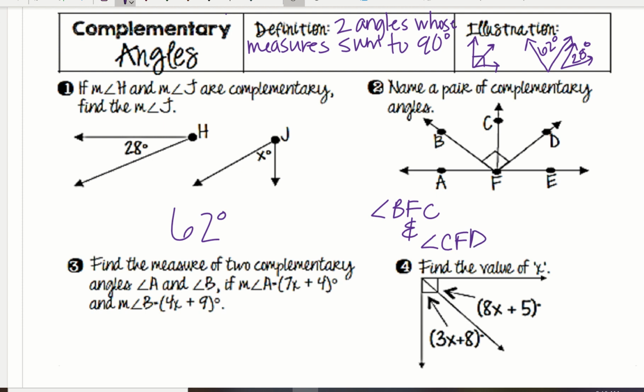Now, in your classifying maze, I'm getting a little ahead of myself, but it's okay. In the classifying maze, what did we say it was whenever it was a straight line? 90 degrees. So if these two add up to be 90 degrees, what do that one and that one have to add up to be? 90 degrees. So BFA and DFE, bless you.